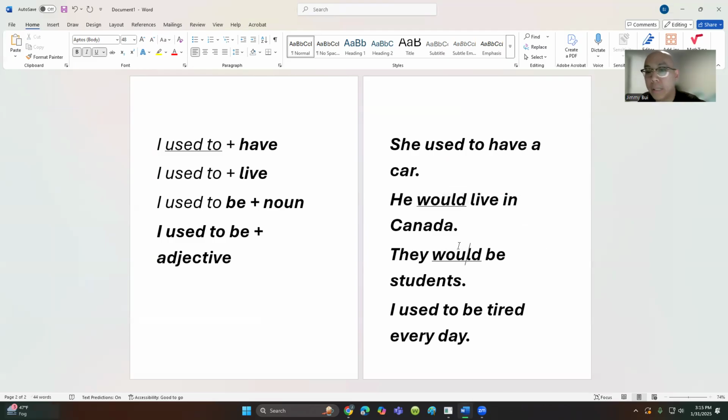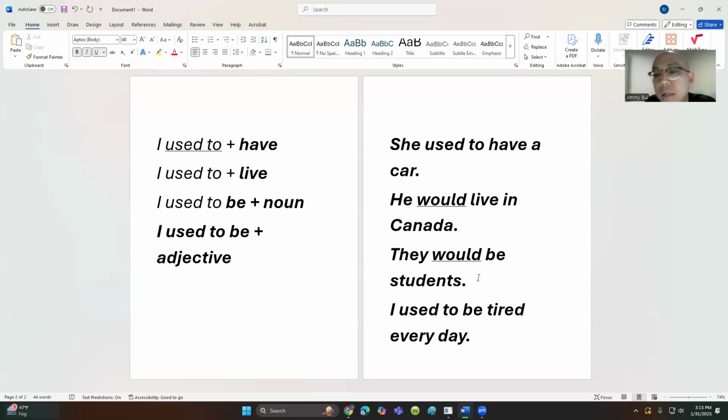This is a scenario that if given a possibility, he would live in Canada. And I want to say the grammar rule or name is an unreal conditional. He would live in Canada. I would buy a $1 million home if I won the lottery. And so these are unreal conditionals.